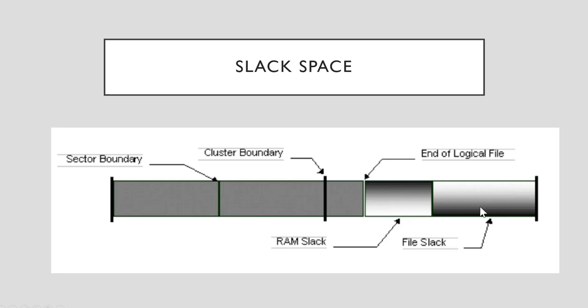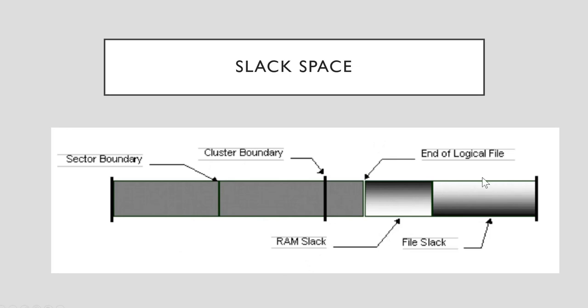And here, file slack. The last sector, which is empty, is called file slack. Do you see that? It's totally empty, and this area can contain files from before the writing operation. So let's say, think like this: 2 days before this operation, I wrote data of 3.5 sectors size.